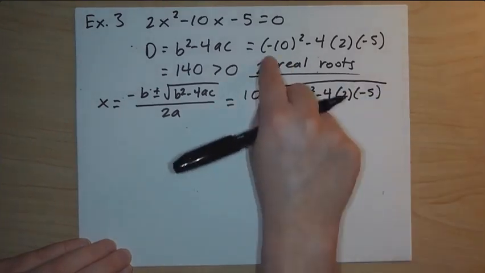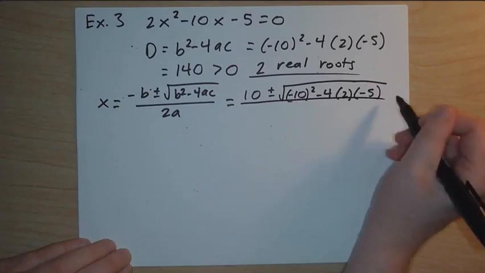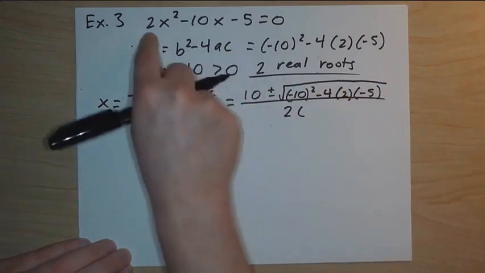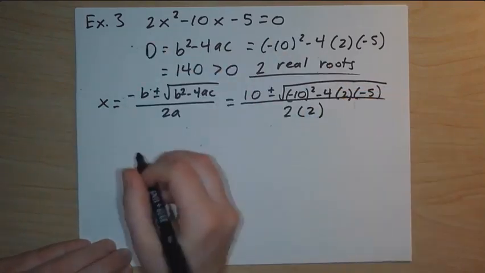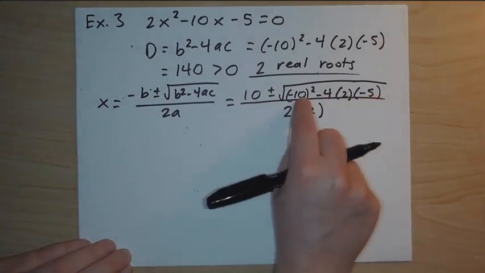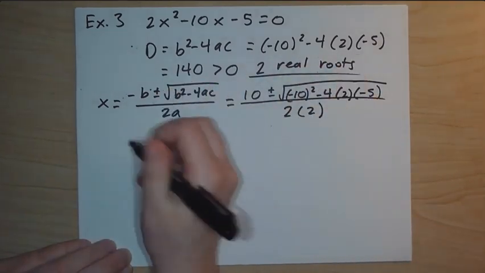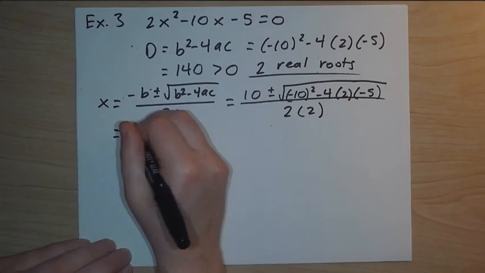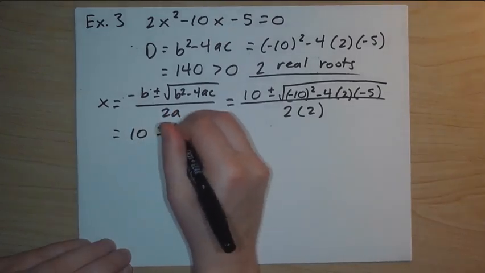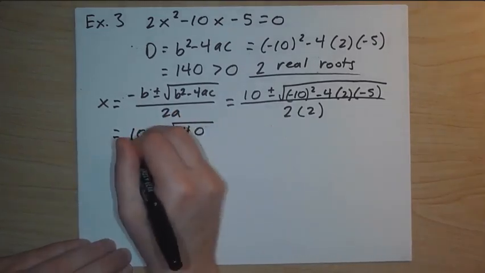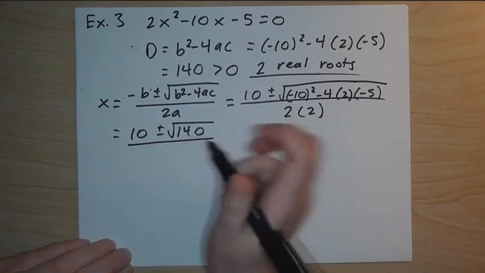Again, this is exactly what we did for our discriminant, divided by 2 times our a, which is 2. Since we already know what the inside of the square root is, our discriminant, which is 140, we're going to plug that in. This is 10 plus or minus the square root of 140 divided by 2 times 2, which is 4.